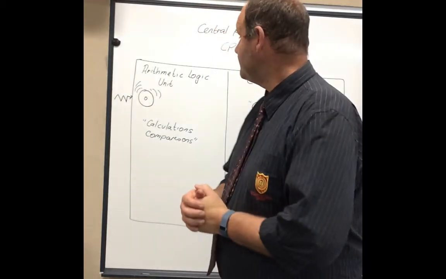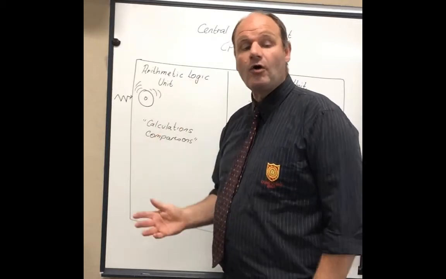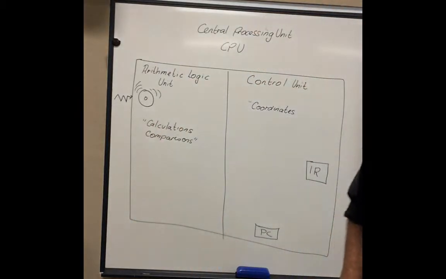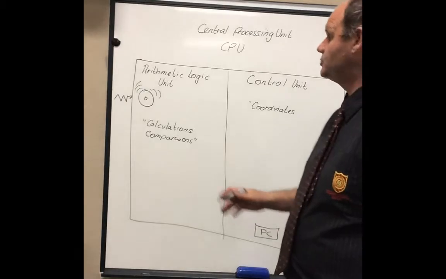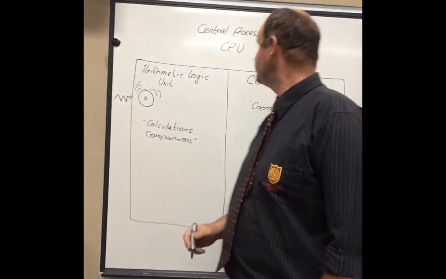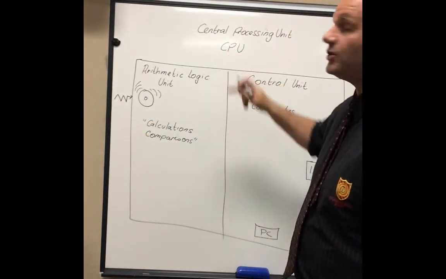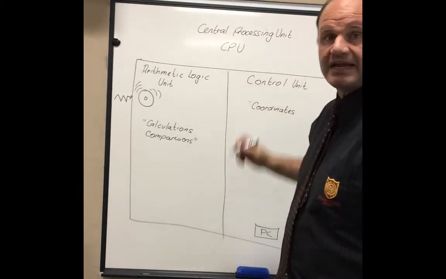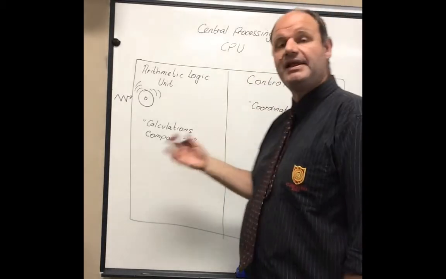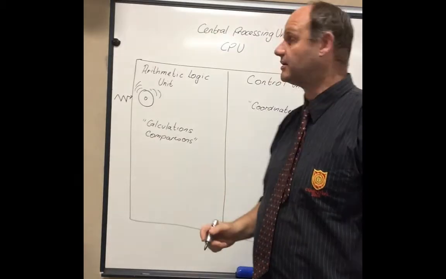When we measure the speed of a CPU, it is measured in hertz, which is essentially a pulse. CPUs are now measured in gigahertz, which is billions of pulses per second.